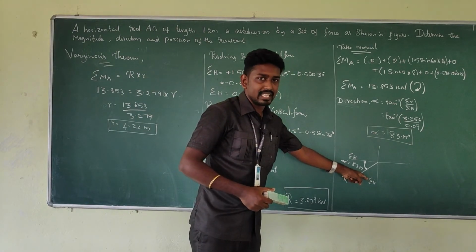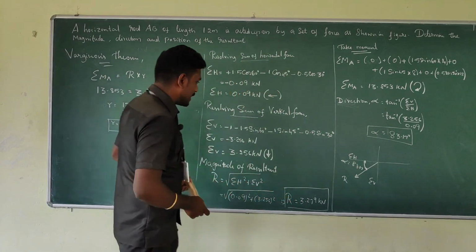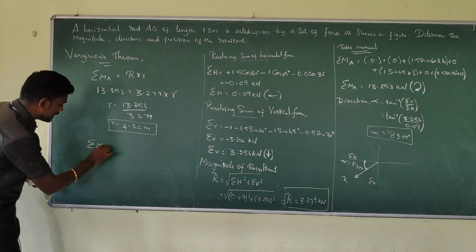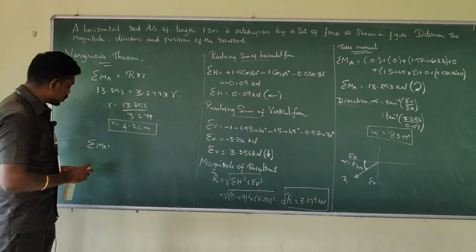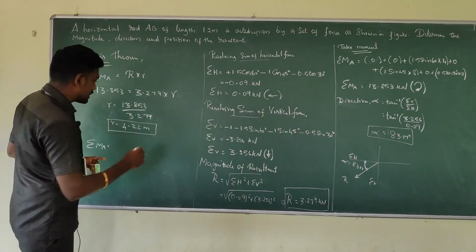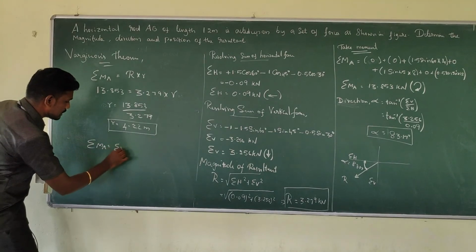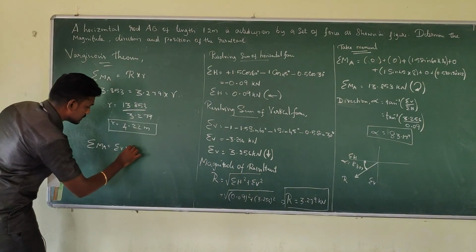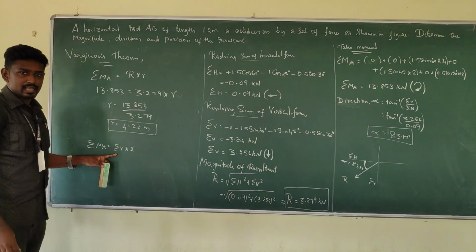That means sum of moment about A is equal to sum of vertical force into its perpendicular distance, which is x.